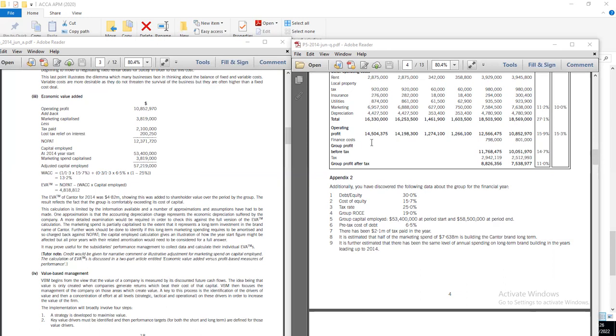The finance charges or finance costs are here. Have you seen our finance cost? These ones here. That's finance cost there. It reduced your tax liability.